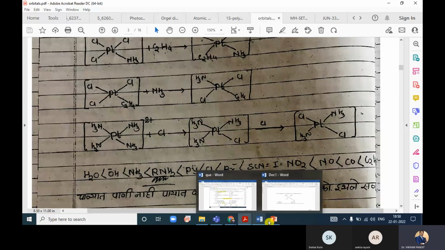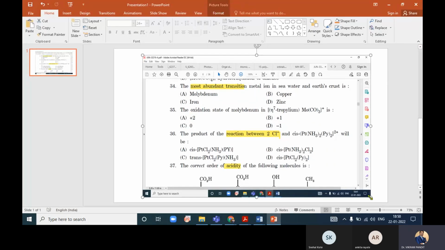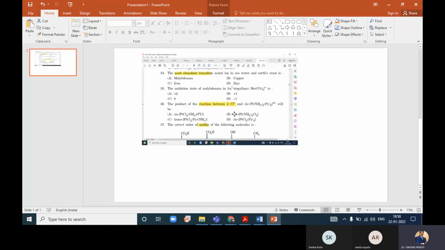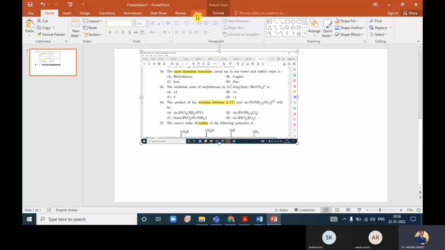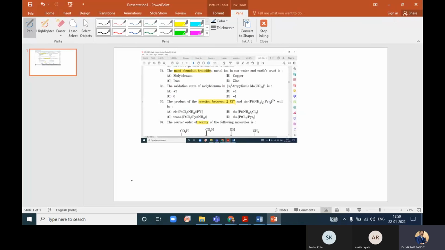Two NH3 in the given compound and two pyridine. So cis compound, how to draw this type of cis compound? It's not a big deal. You already know that this type of compound can be drawn in a square bracket. The central metal is platinum, no doubt.